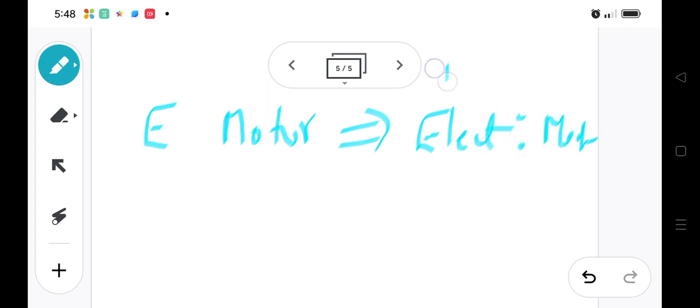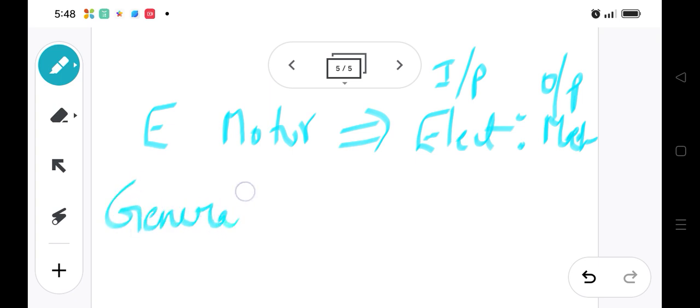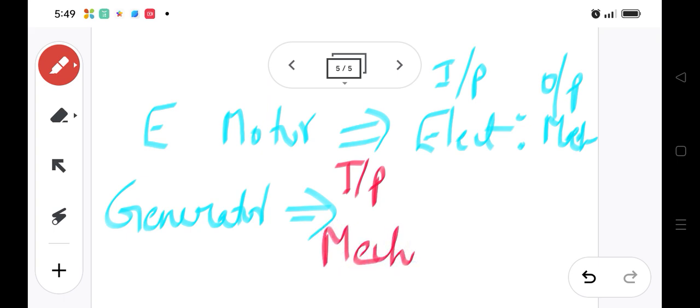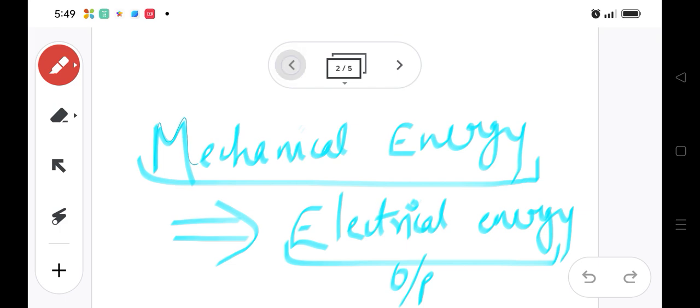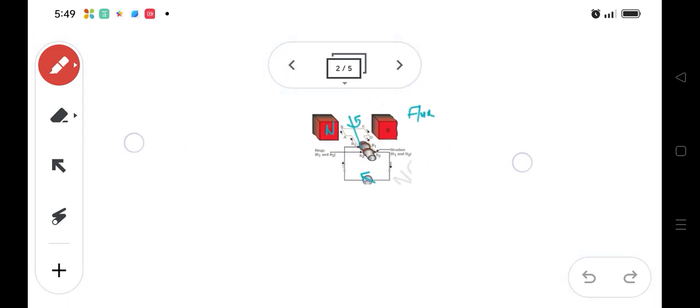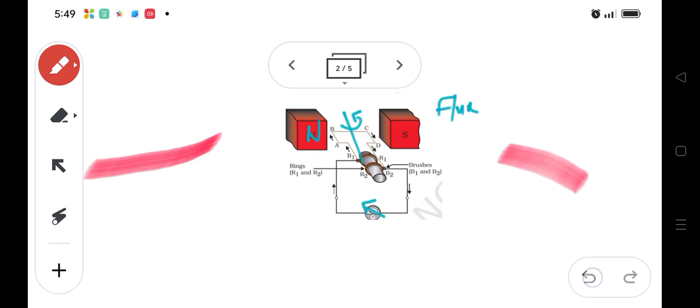So electrical energy is the input, and mechanical energy is the output. In the case of a generator, we are providing mechanical energy. So mechanical energy is the input, and the output is electrical energy. Why so? Yes, already we explained. Here we are rotating.